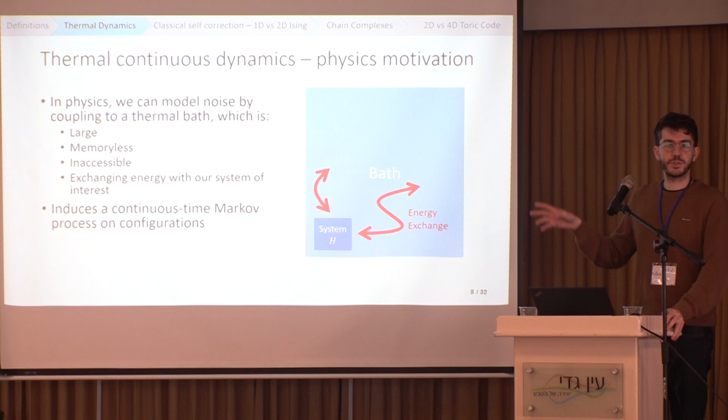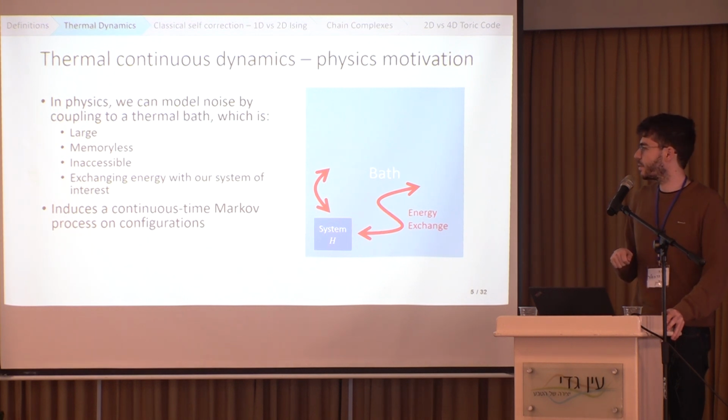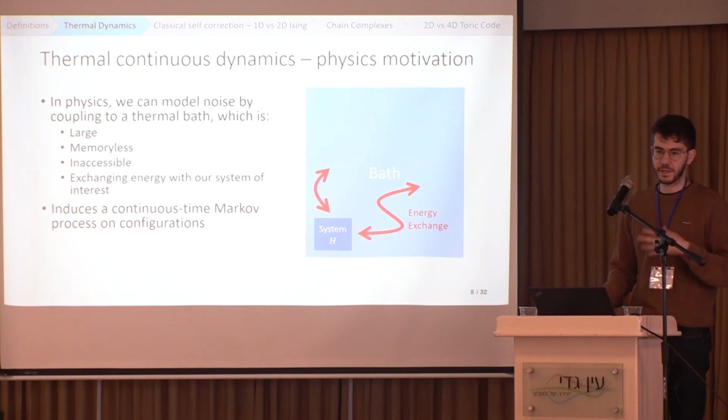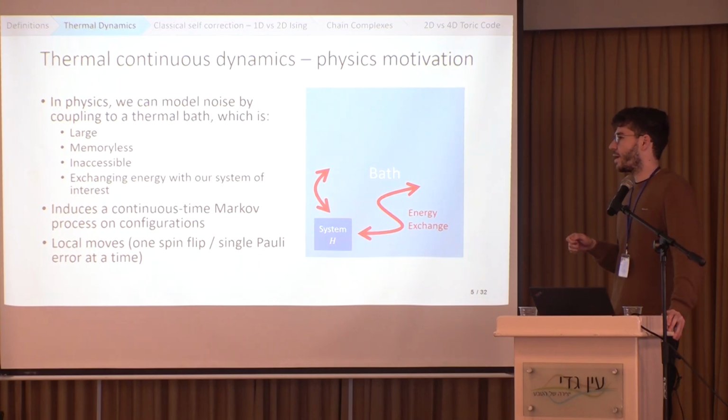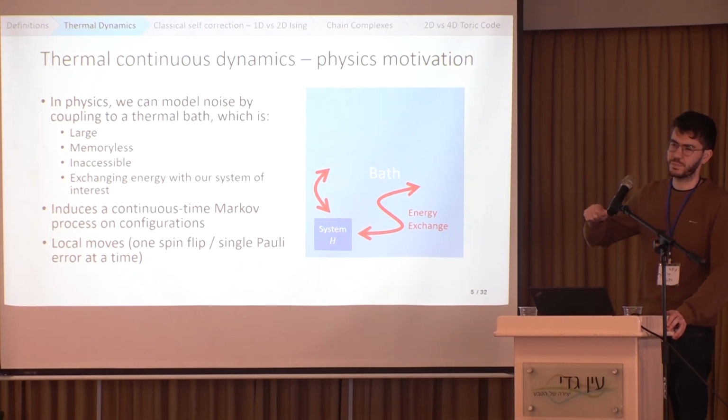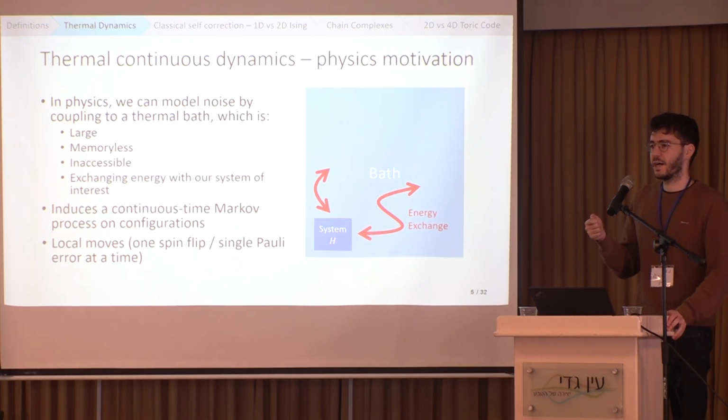Formally, all these assumptions induce a continuous time Markov process on configurations, and we'll make it formal in the next slide. And also physically, it means that we'll have local operations which are spin flips, or in the quantum case later, single Pauli errors on different qubits at a time.